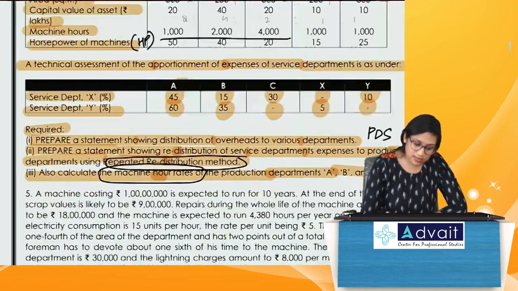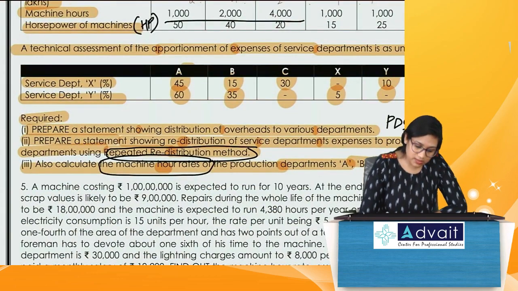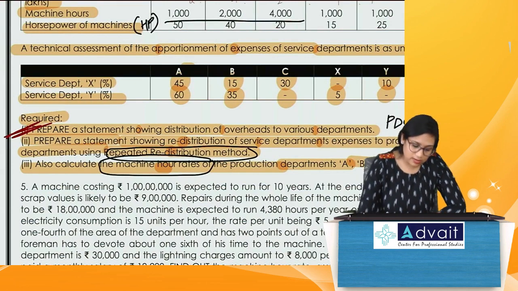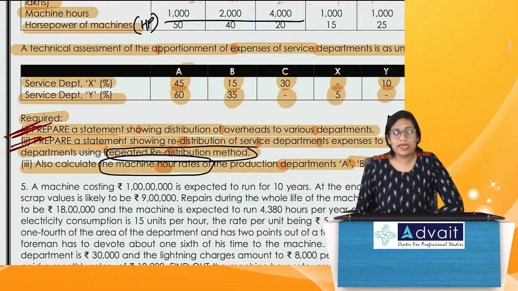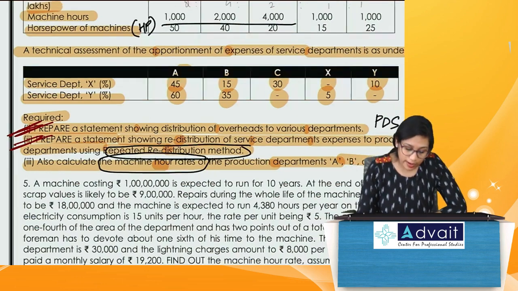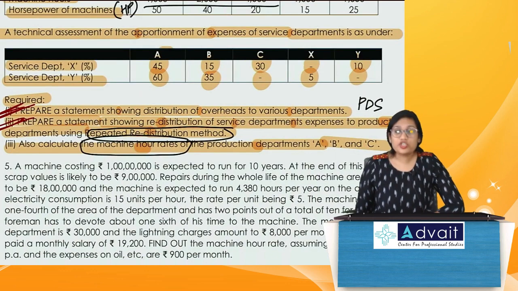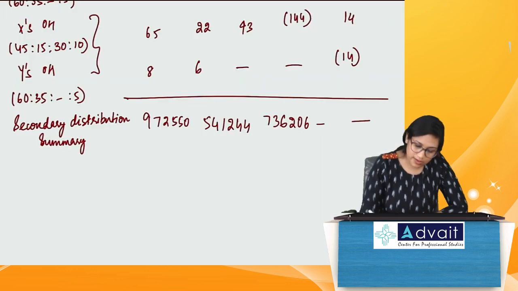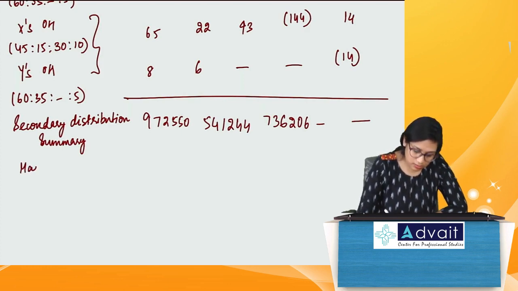So see this, in this problem, this part is complete where we have shown the apportionment. This part is complete where we have shown the reapportionment, but absorption is still pending. How have they asked us to absorb? Using machine hours. So let's write down machine hours.